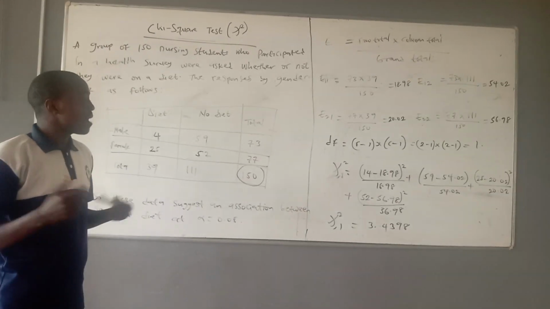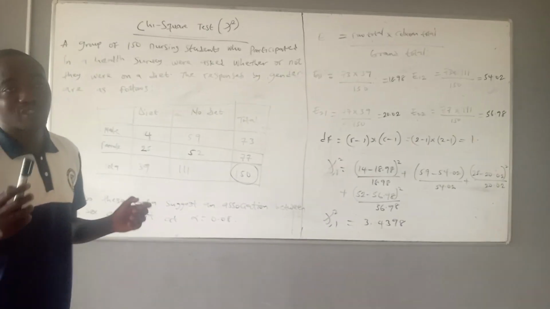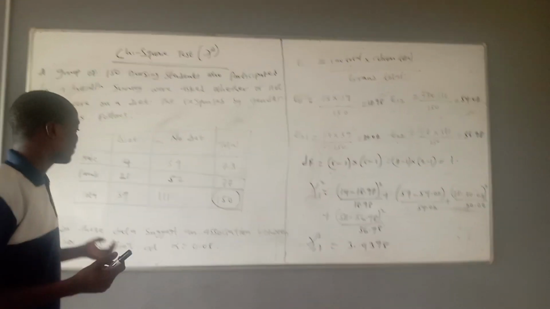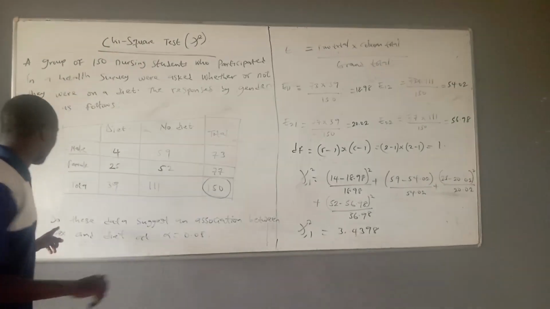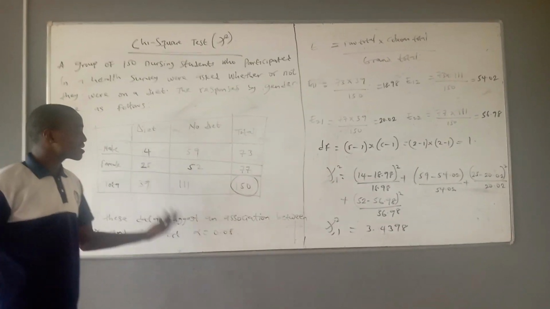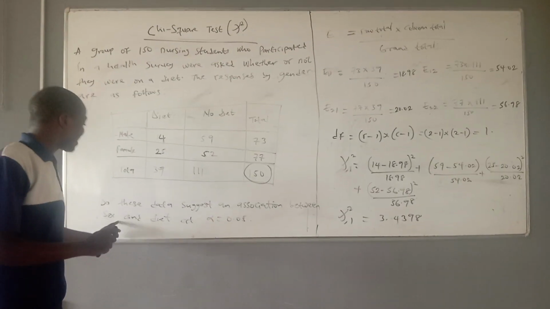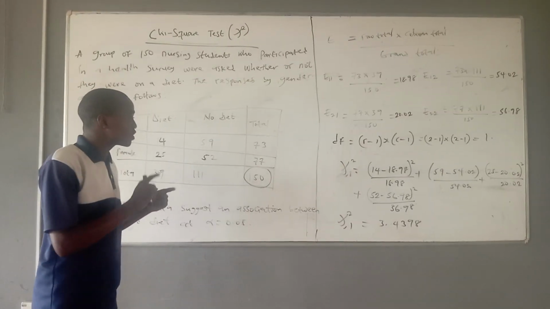That's what they are saying. Now, we're going to state our hypothesis. The first hypothesis, which is the null hypothesis, is that there is no association between the sex and the diet. Then the alternative hypothesis is that there is association between the sex and the diet. So that is what we want to test for.